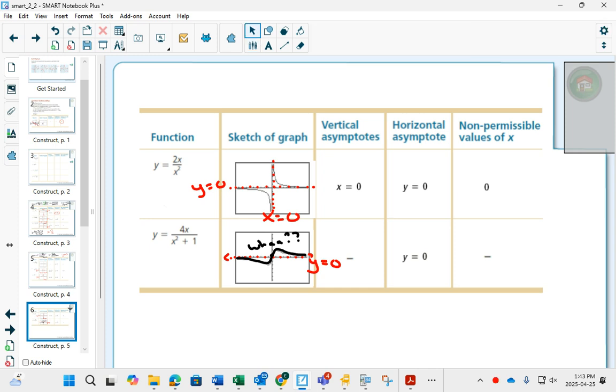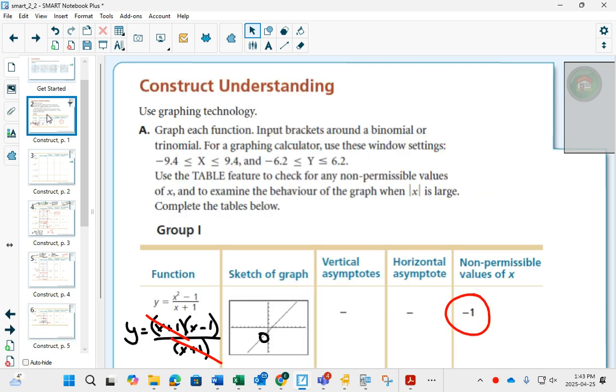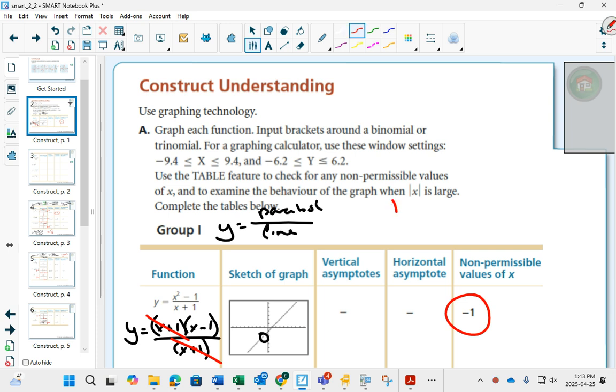So now what we have to do is we have to say, okay, how do I take all of these characteristics, right? Group 1 was a degree is bigger on the top. So this was our parabola over a line. And our characteristics were sometimes there were holes. You're going to find out there can be holes in any graph if you wanted to.